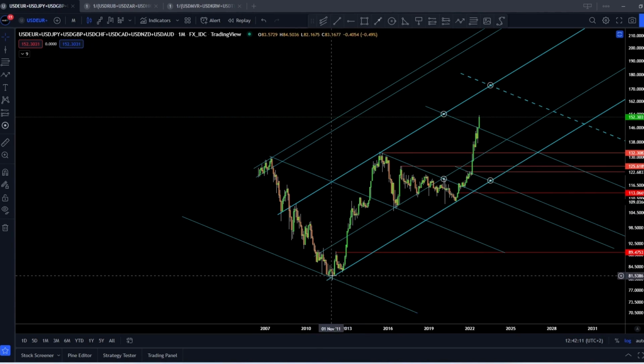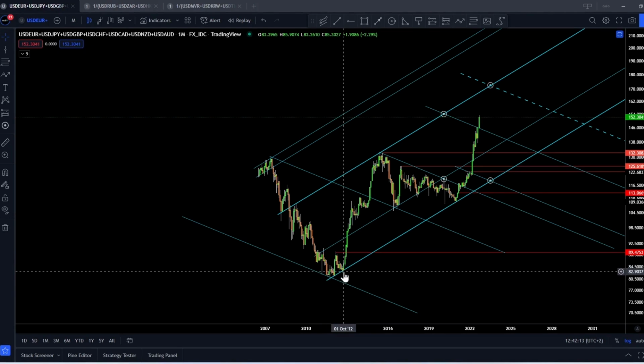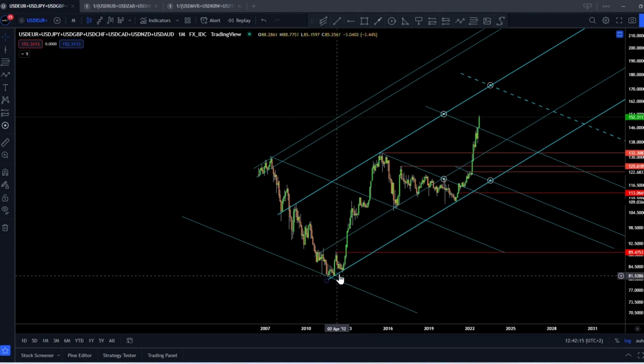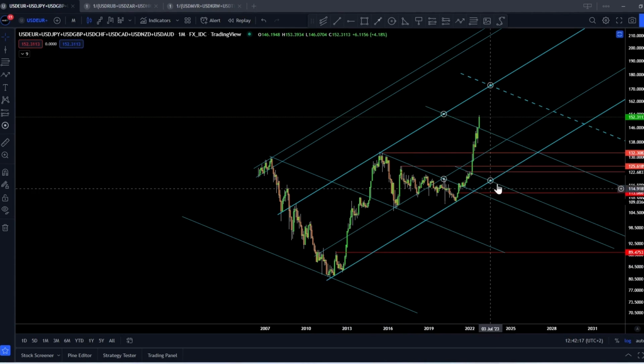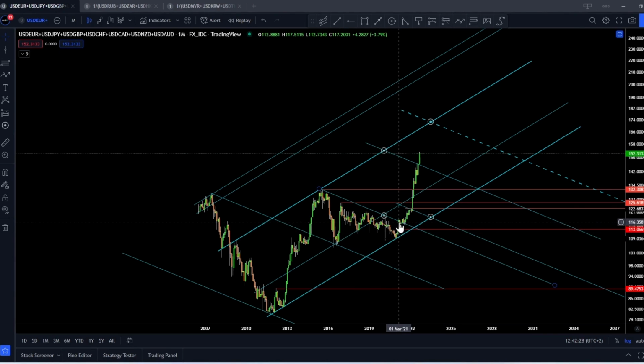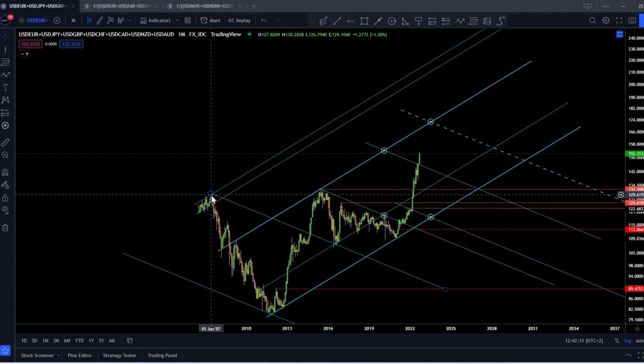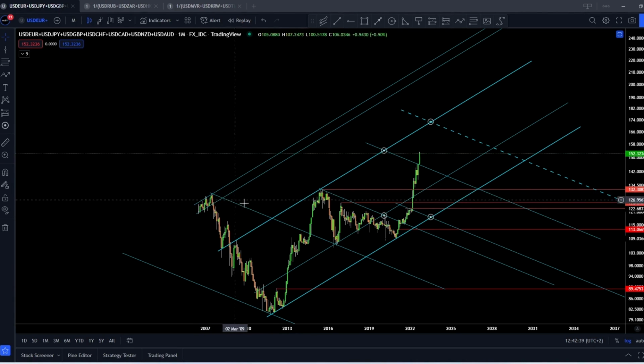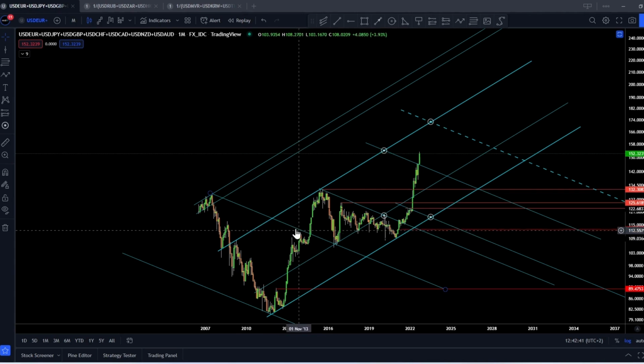So based on this bottom here of a higher low, we immediately recognize that level, extend this line to the future, and then we get this contact point in the beginning of 2021, and the market from here goes straight to another level, which we knew from the past by just tracing a line from the tops in summer 2007.